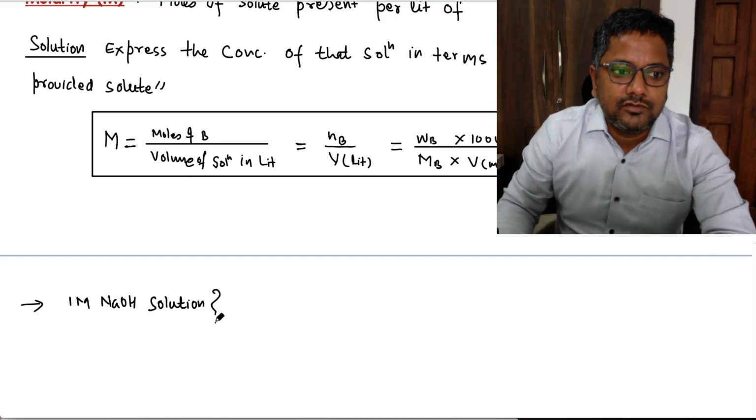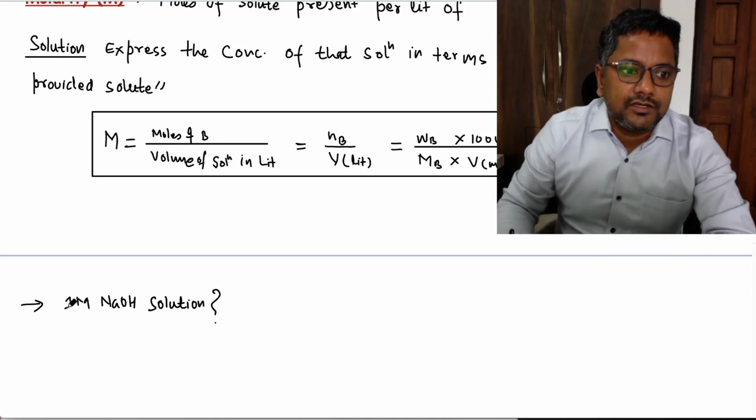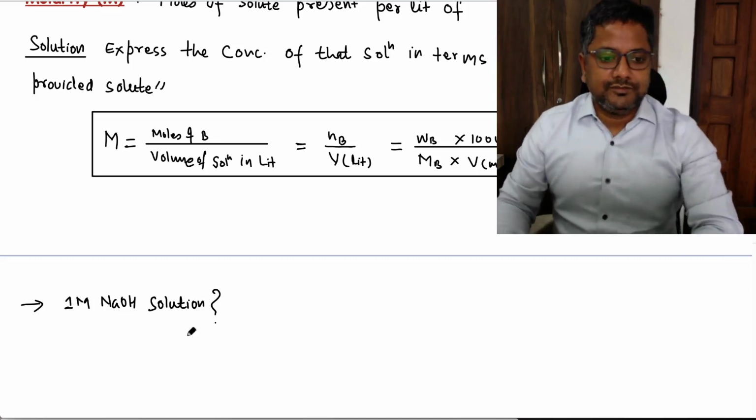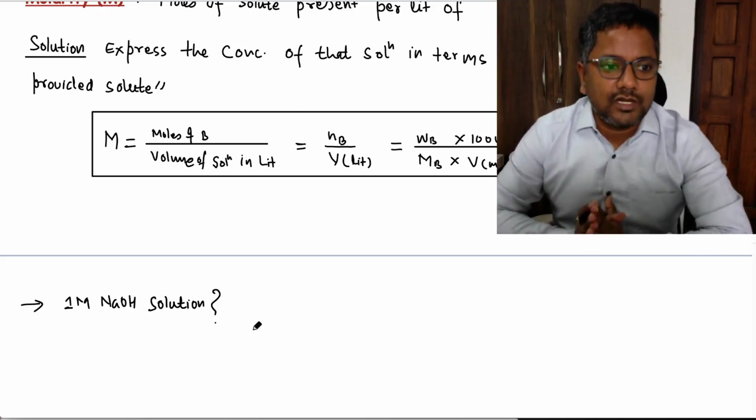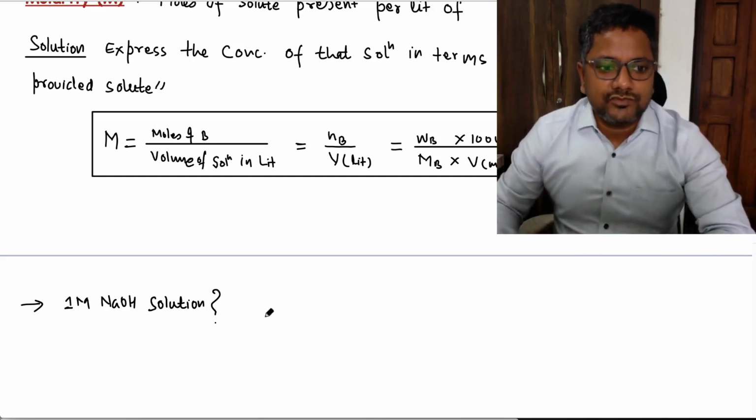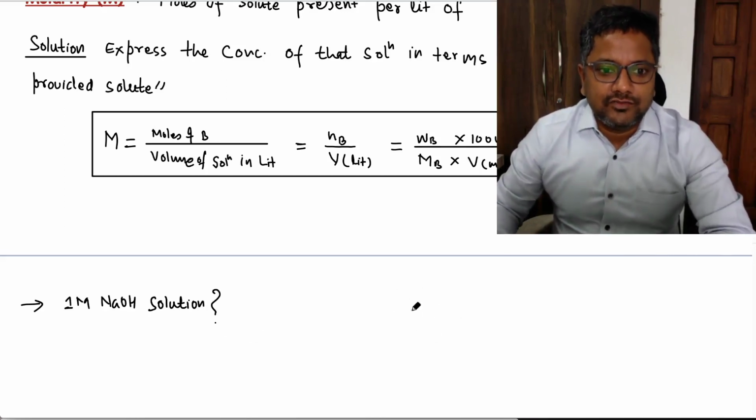So we are going to prepare 1 molar NaOH solution. For this, what is required? At least you should require a 1 liter beaker, right?